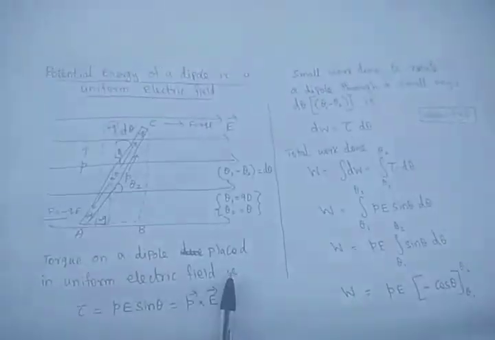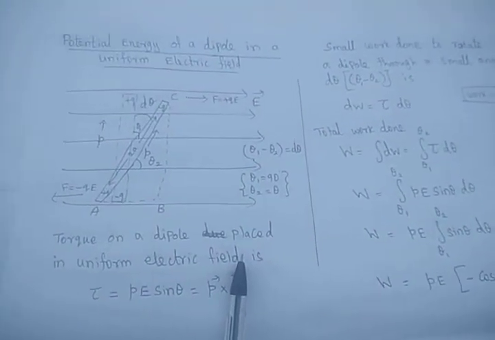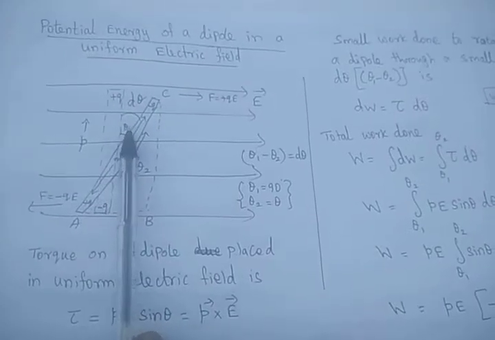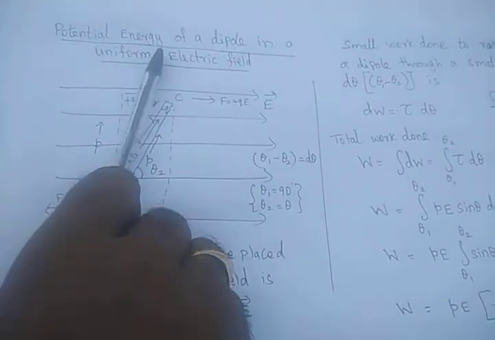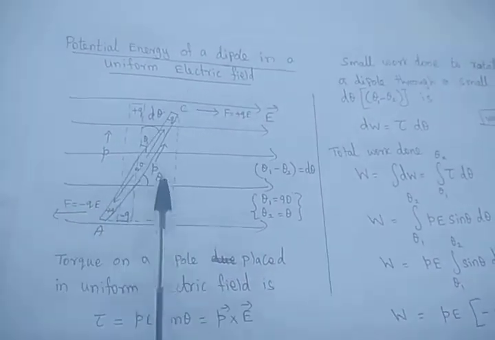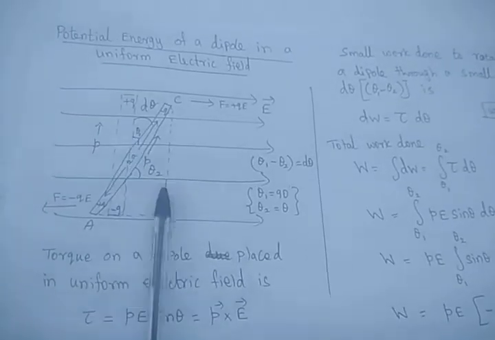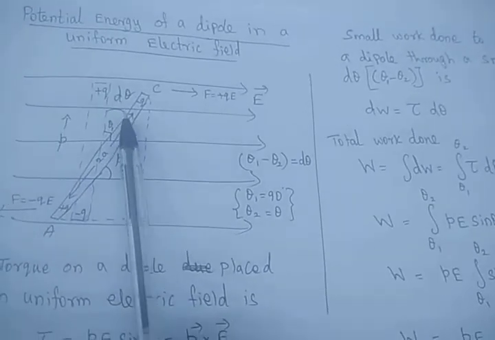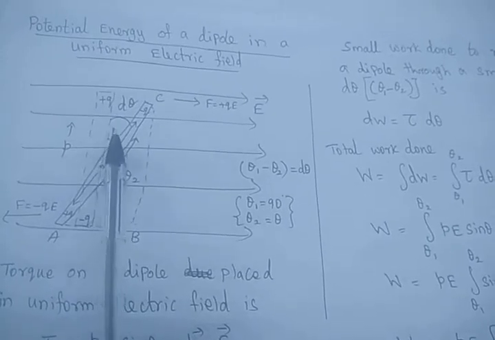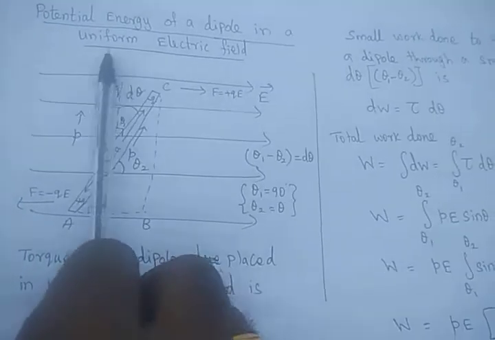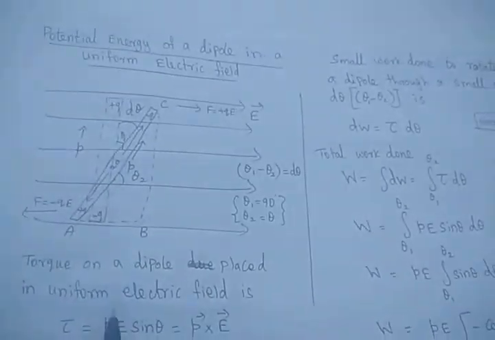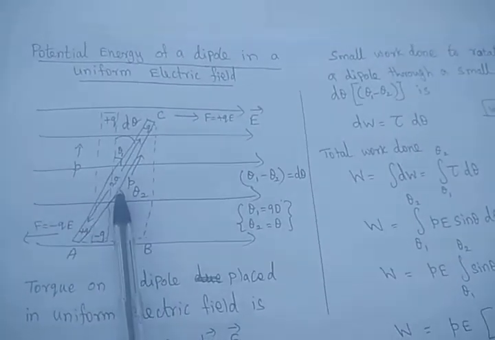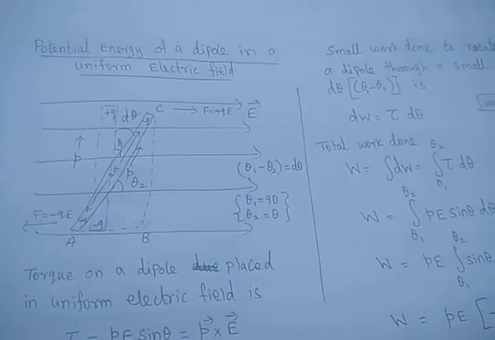Very simple. Initially the dipole is placed at an angle theta 1, and now it is rotated in the external uniform electric field to an angle theta 2. The difference between theta 1 and theta 2 is d theta. Now work has to be done because it is rotated, and that work we are going to find will be equal to potential energy.